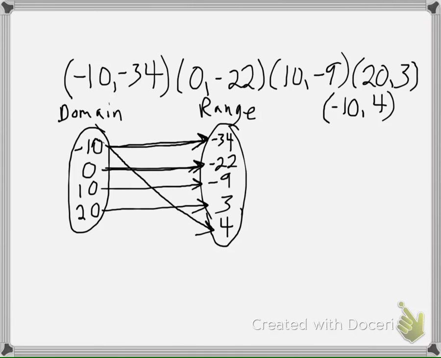When we do a mapping diagram, if we see this, where one input has two different lines going from it, going to two separate outputs, then that tells us that it is not a function. If each input only has one line leading from it, then it would be an example of a function.